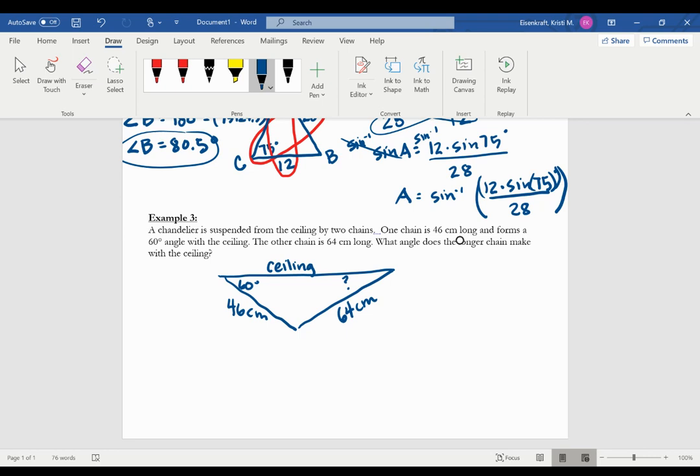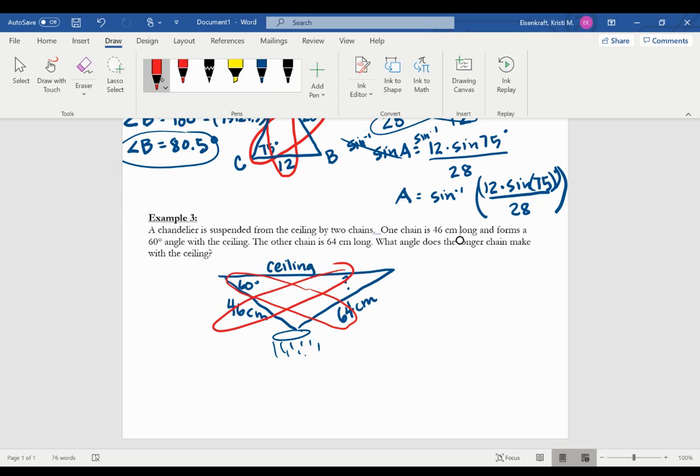Okay, here's my fancy chandelier. So I know angle 60 and its side 64. Those are across from each other. That's good. Now I'm trying to find this angle here, and it is across from 46.